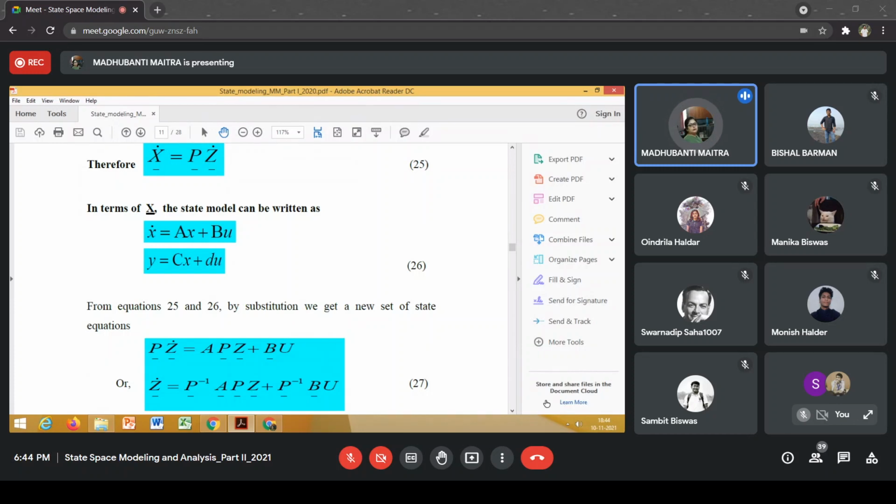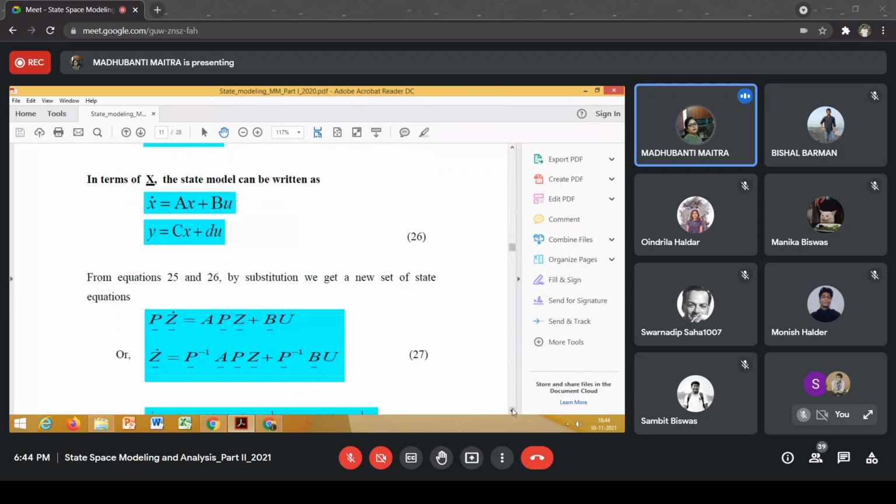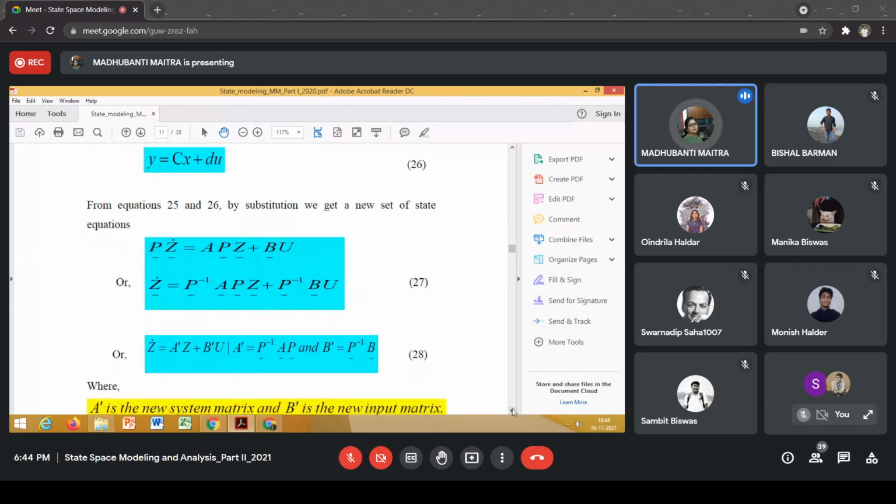So this equation can be reduced to this form, where z bar dot is equal to, you see, P inverse AP into z plus P inverse B into u.